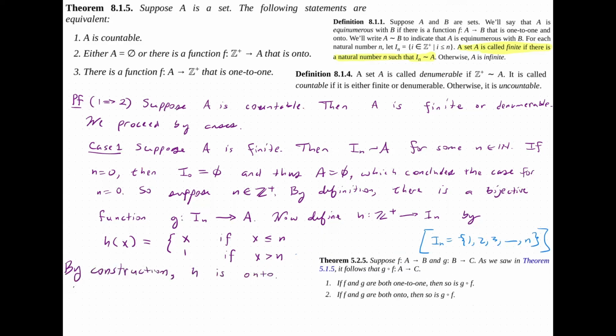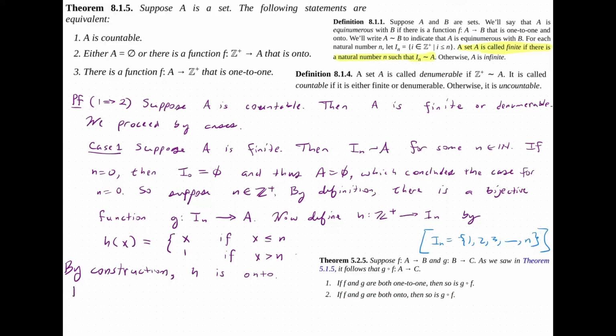But now, the fact that h is onto and the fact that g is a bijective function tells us, by theorem 5.2.5, that the composition of the two functions is going to be onto, because if we have f and g onto functions, their composition is onto.